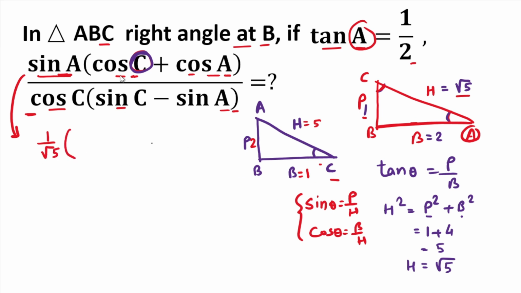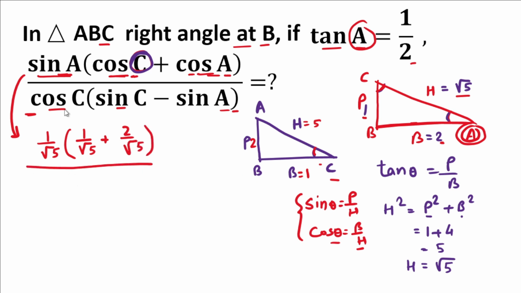In the bracket, cos C: cos is base divided by hypotenuse, so the base is 1 over square root 5, plus cos A, where the base is 2 and the hypotenuse is square root 5, so 2 over square root 5. Bracket closed.